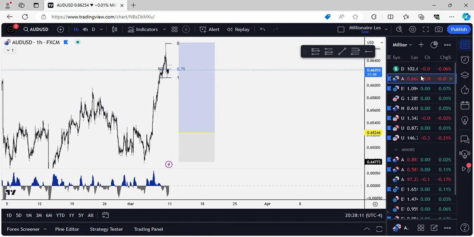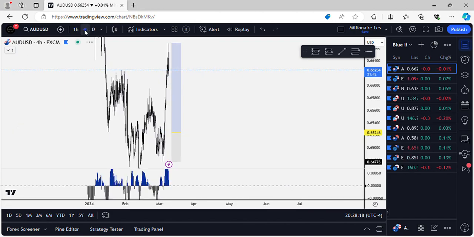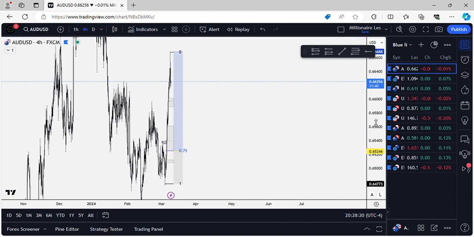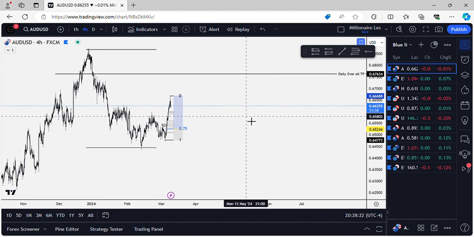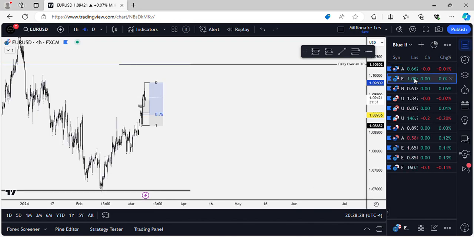I'm going to just go through my blue list, so y'all can see how I have things marked up. So I have my 1 to 3, but I have my daily overall bias in case I want to hold some trades, hold some positions.